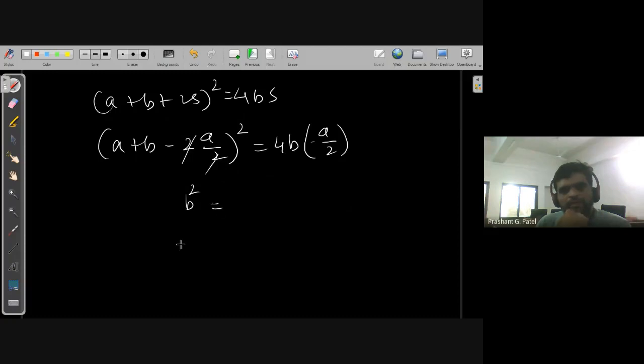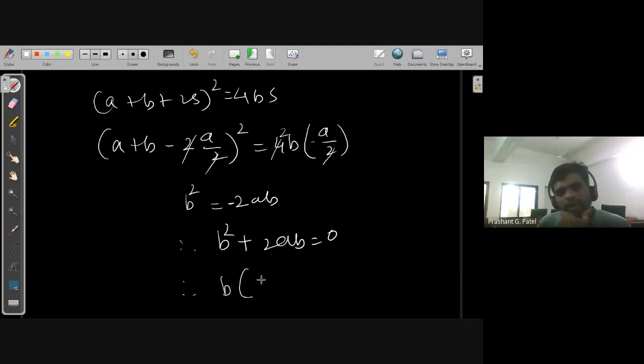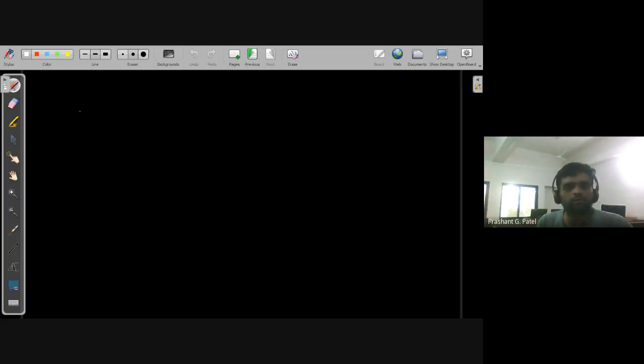So we'll have B square is equal to, 4 will cancel with the 2 now, so it is 2 into minus AB. So we'll have B square plus 2AB equal to 0. If I take B common, we'll have B times (B plus 2A) equal to 0. So there will be two situations, that B equal to 0 or B equal to minus 2A.